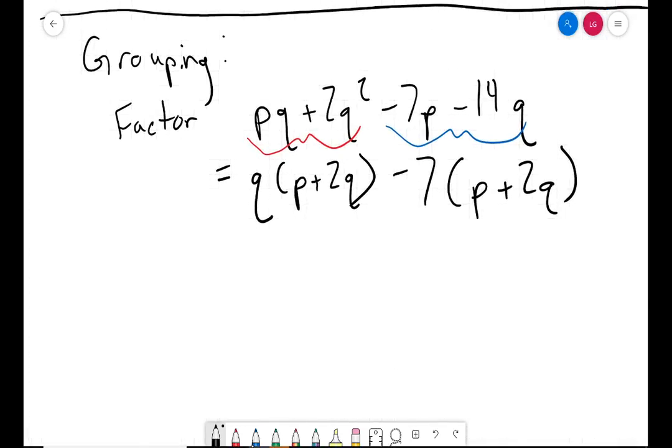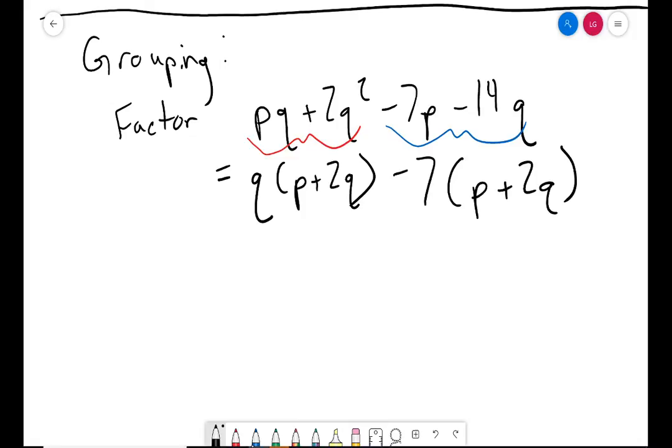So what did I do? I looked at this group of 4 terms and said, let me split it up in my mind into 2 groups of 2 terms. Do those 2 groups of 2 terms have something in common within them? Yes, the first 2 do. They have a q in common. The second 2 do. They have a negative 7 in common.